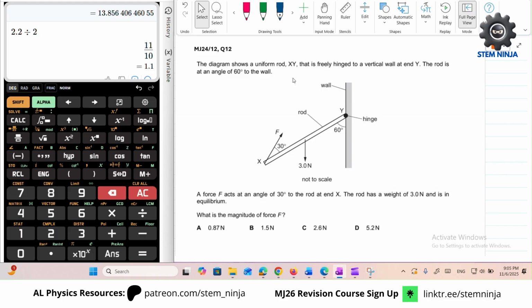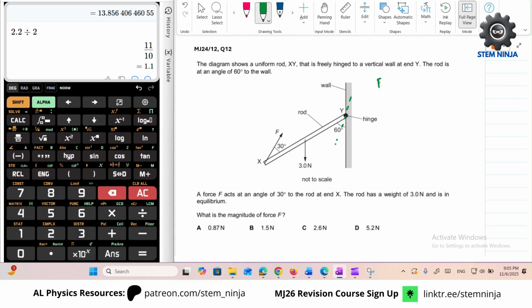Okay. So 60 degrees. So you have to remember, actually the perpendicular distance from the line of action of force, we already have XY.